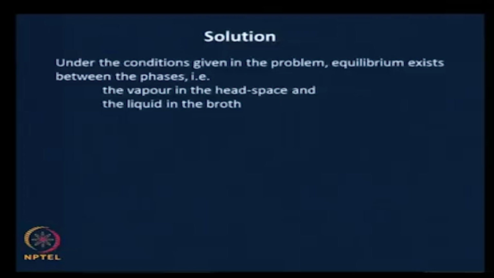Hopefully you got that simple solution. If not, the thinking is something like this. Under the conditions given in the problem, equilibrium exists between the phases. Note that oxygen was transferring from the gas bubbles to the liquid phase, and after a while there is no consumption of oxygen anyway, and therefore the concentration of oxygen in the broth is not going to change, and consequently the headspace oxygen concentration is also going to remain the same.